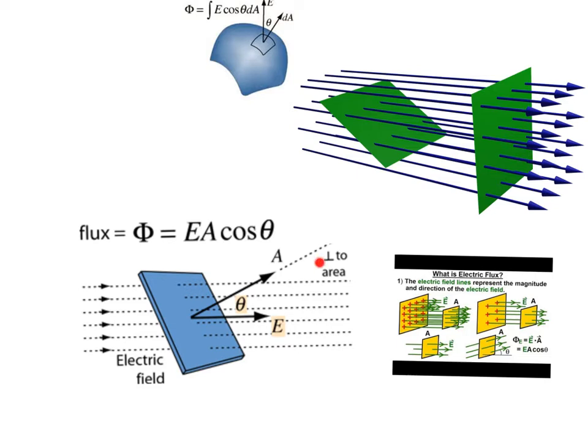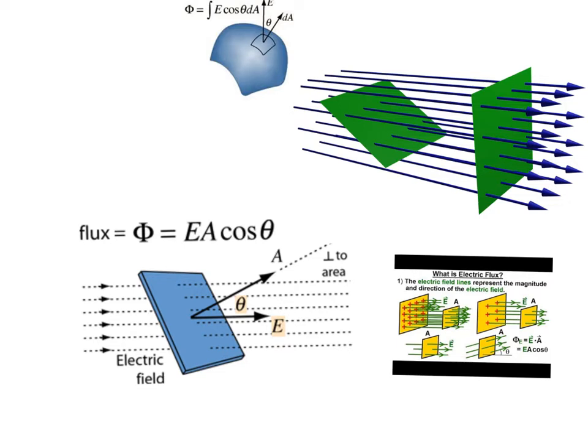So we always draw a normal, a perpendicular line to the surface to represent the direction of the area, and then whatever the direction of the field is, the angle between the E and the A, where the A is perpendicular, is the angle you want to measure, not this angle to the plane. And if you're not careful, you'll get confused about what angle to measure.